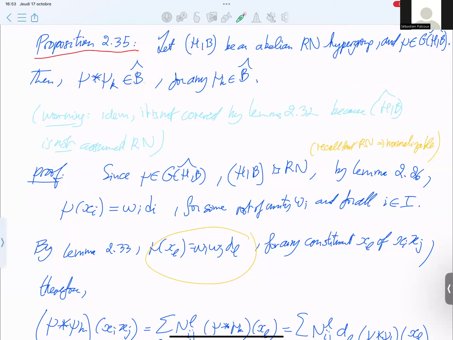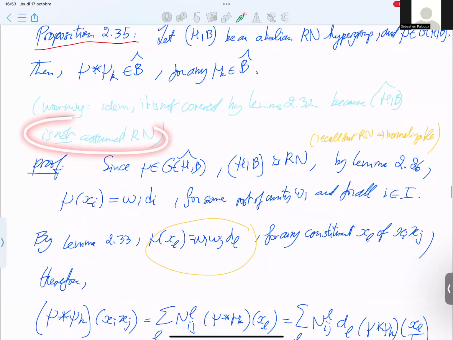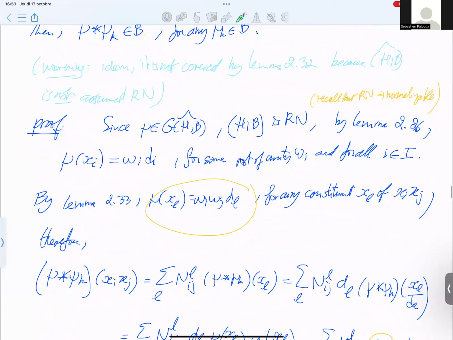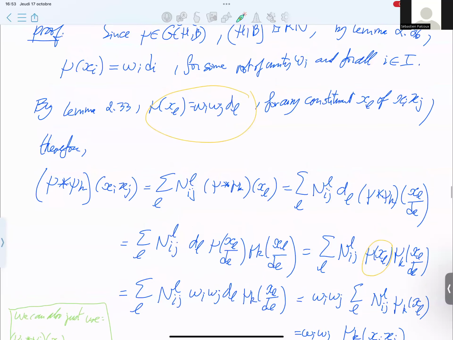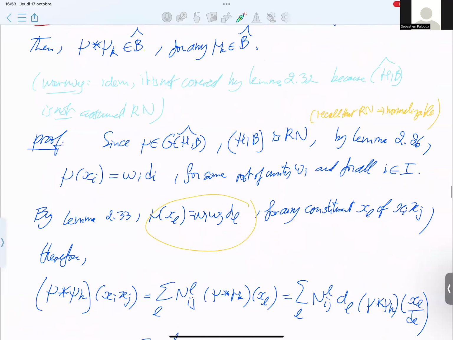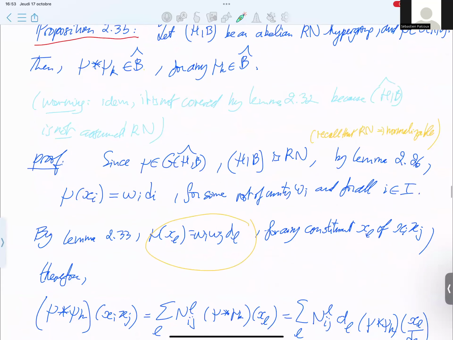Okay. And it is not covered by some previous lemma because we don't assume that also again. Okay, so yeah, it's almost time.